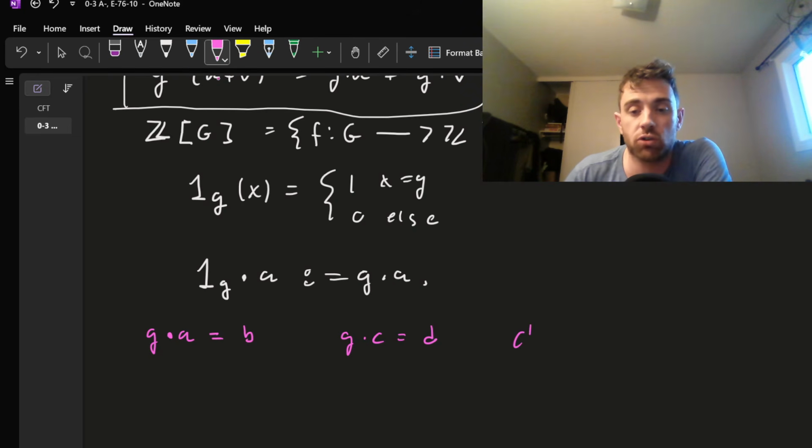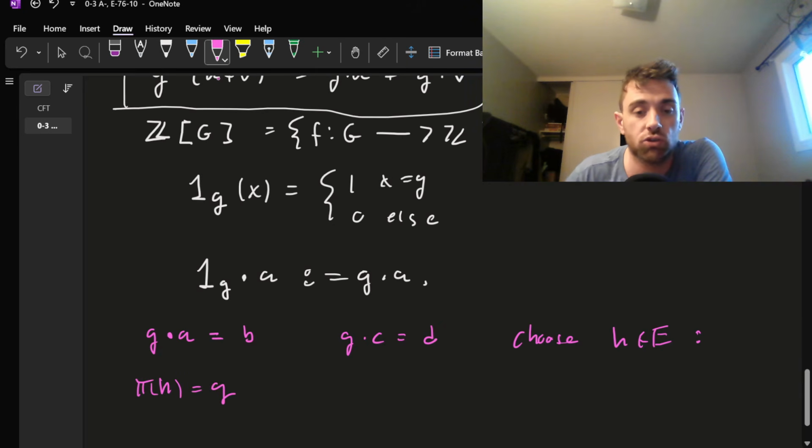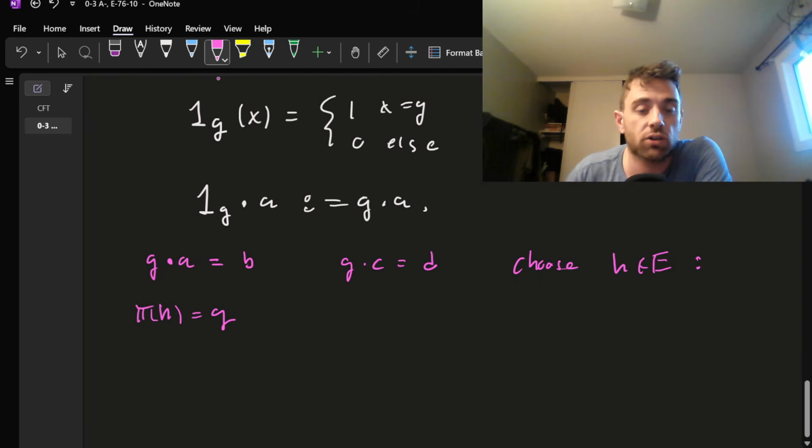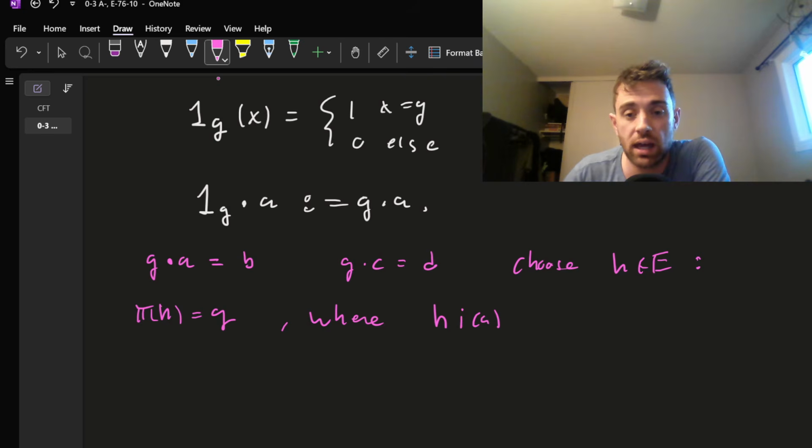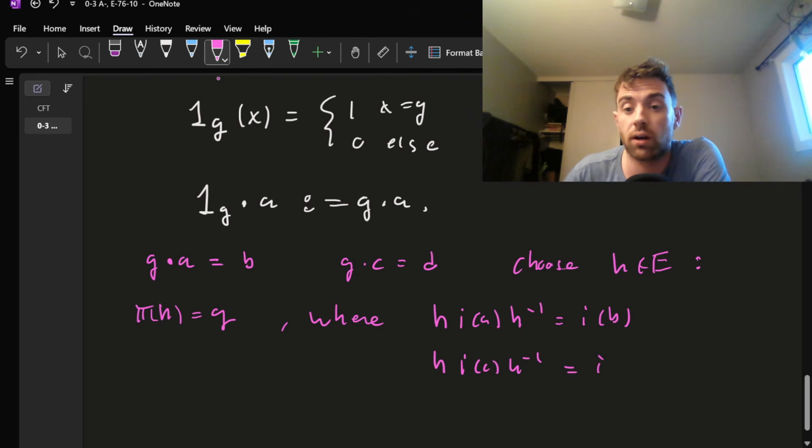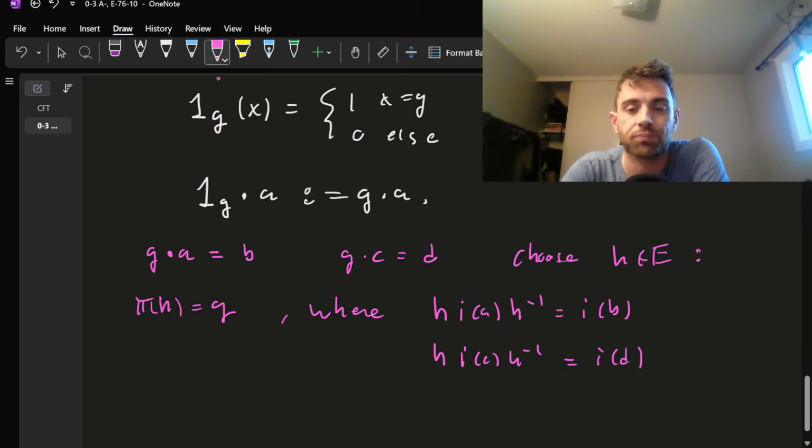Well, this means that we can choose an H in E such that pi of H is equal to G. And H I(A) H inverse, H conjugating I of A, has to be equal to I of B. That was the definition of the action. And H I(C) H inverse is I(D).